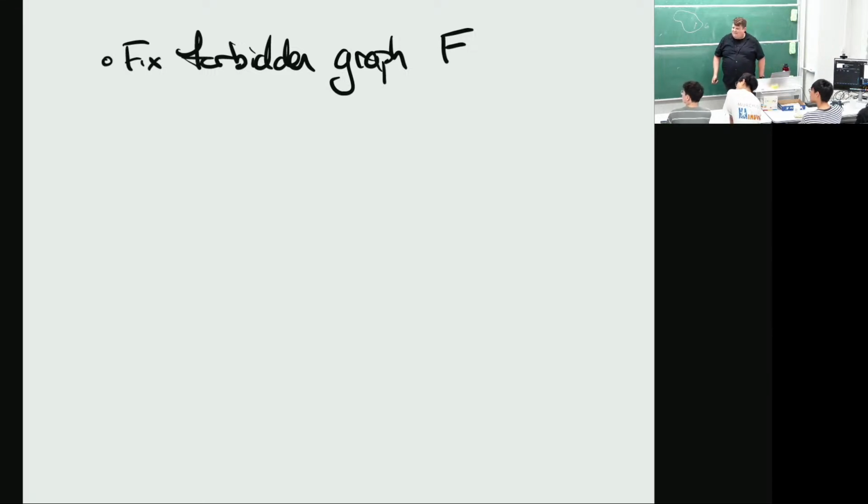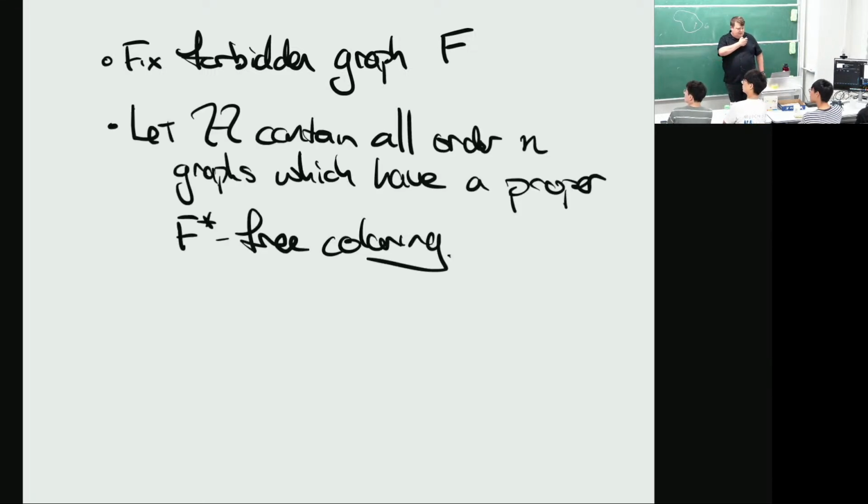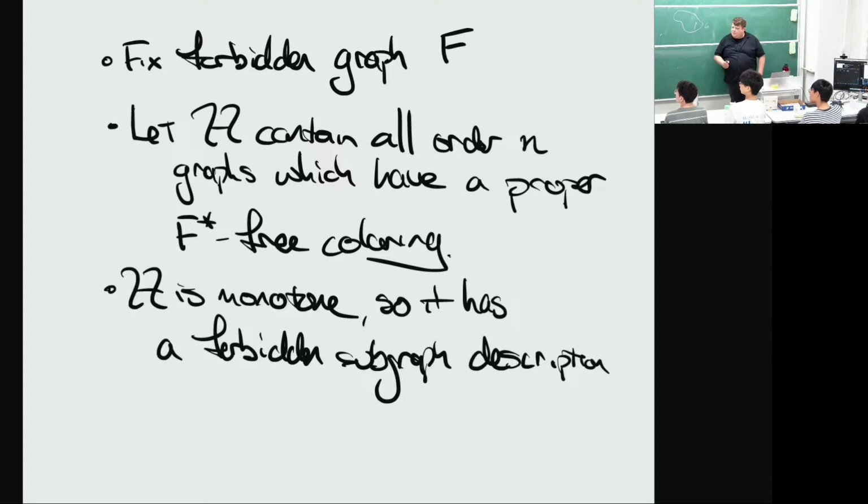You take a forbidden graph F. Let H contain all of the order n graphs which have a proper, rainbow F-free coloring. That's a monotone property. Monotone properties can be characterized by a finite set of forbidden subgraphs. So it has a forbidden subgraph description.